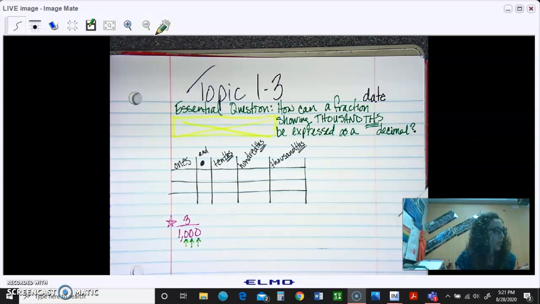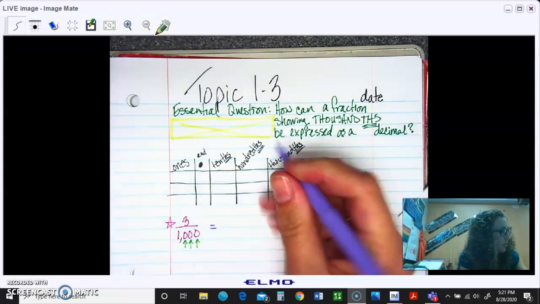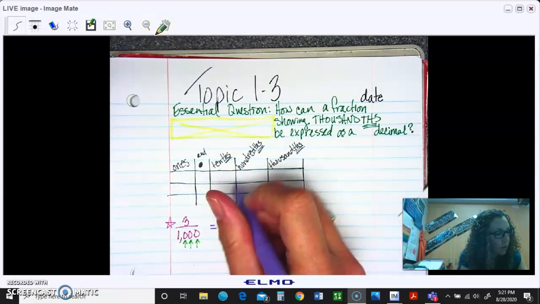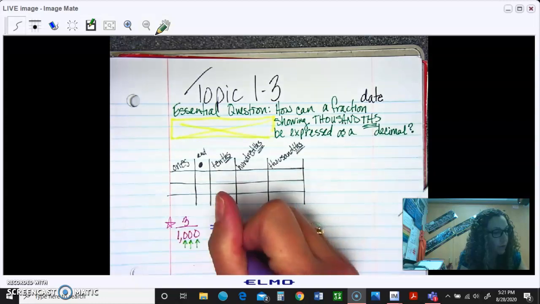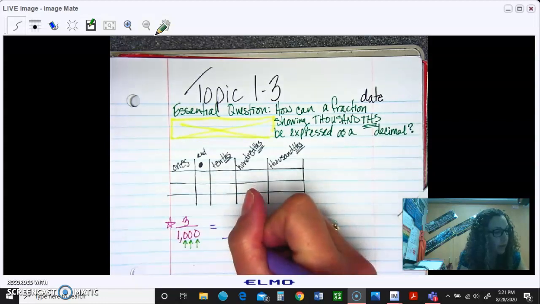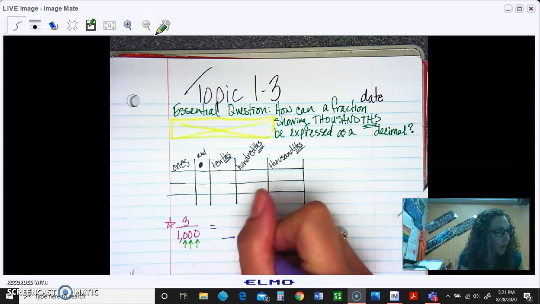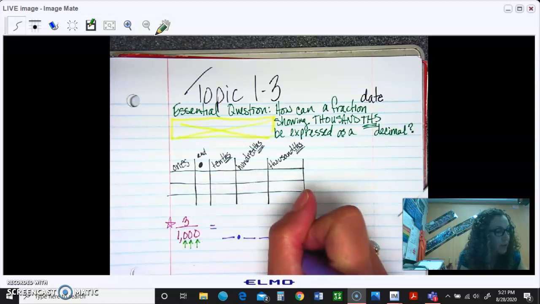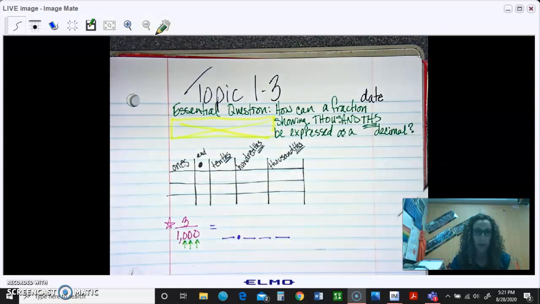Okay, so that tells me I need to have, okay, so first of all, there's no whole number, right? But I'm still going to put that there. I have a decimal. I have 3 zeros here, so my decimal digits need to have 3 behind that decimal.